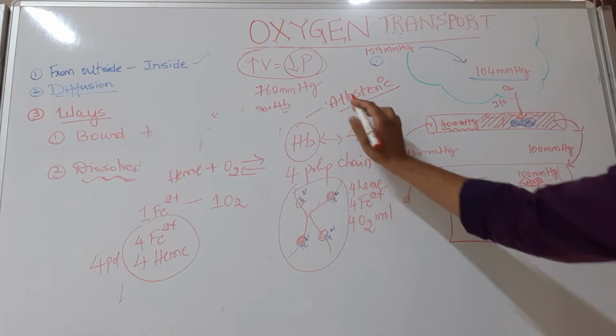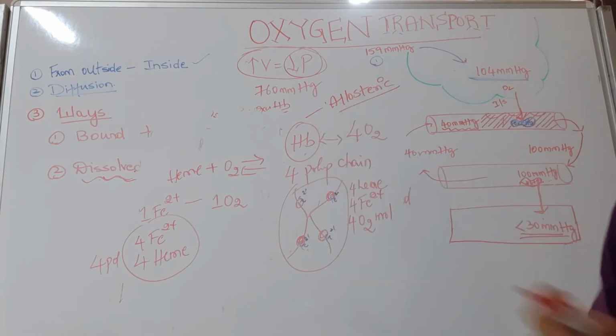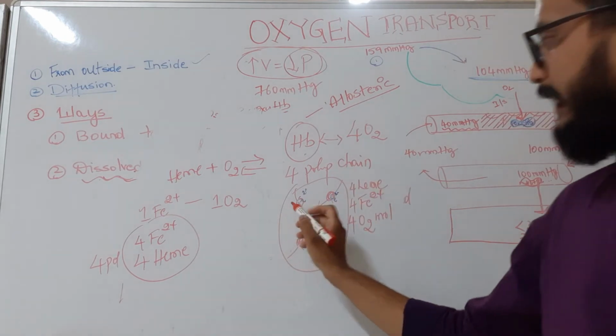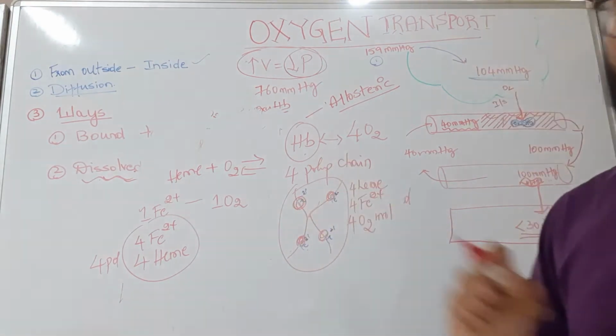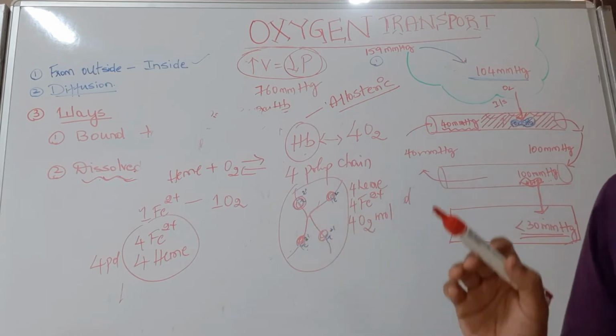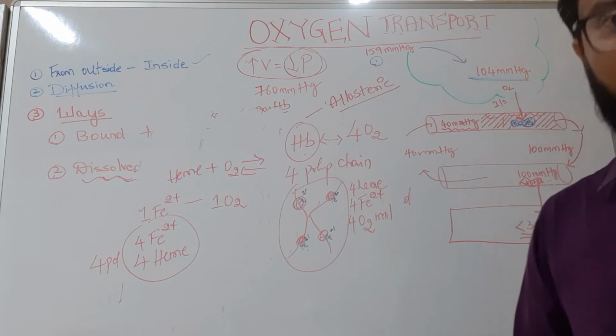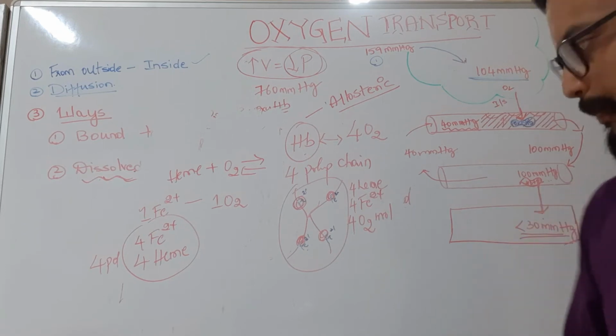So, what do we mean by it when we apply it to hemoglobin? When oxygen binds to one heme molecule, it increases the affinity of the other heme molecules for oxygen binding. Again, I will repeat.